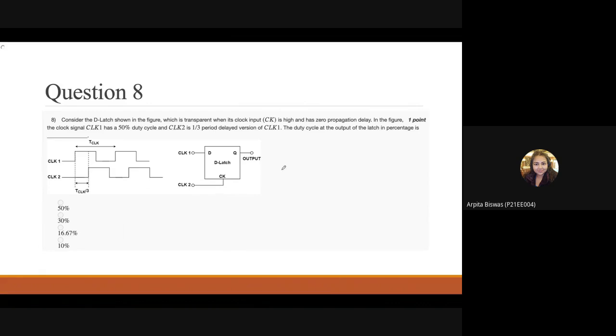So T1 is equal to this 50%, so 50% of the duty cycle, half of the TCLK, minus one-third period delayed version of the CLK1.